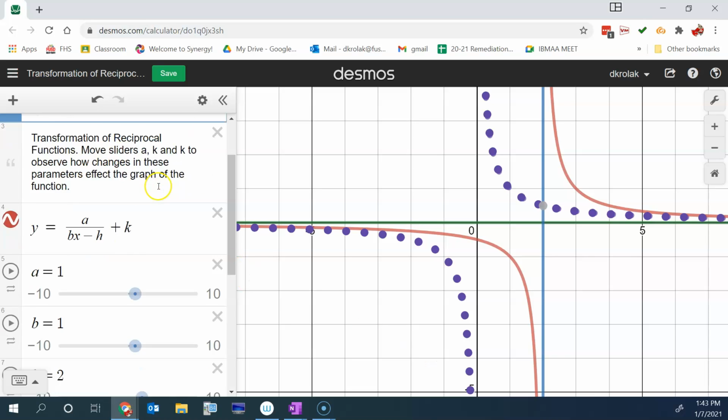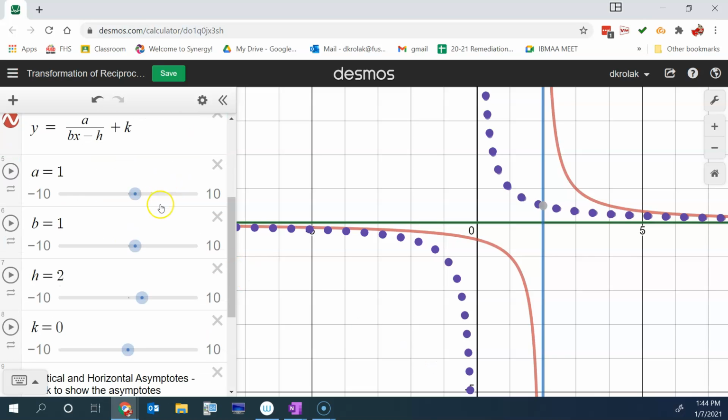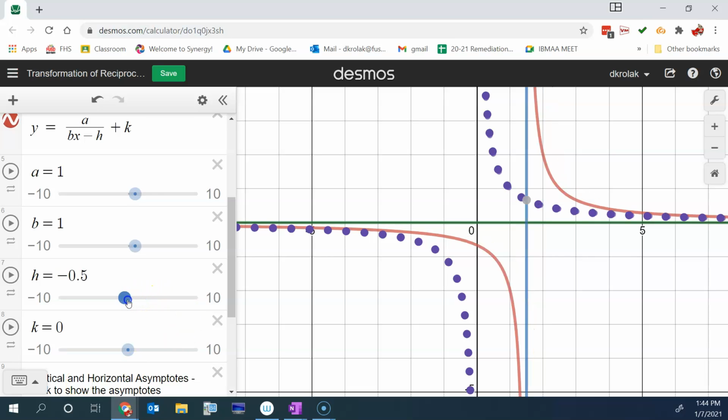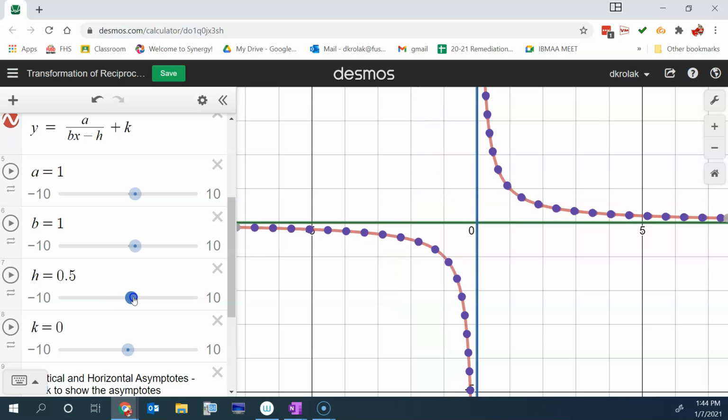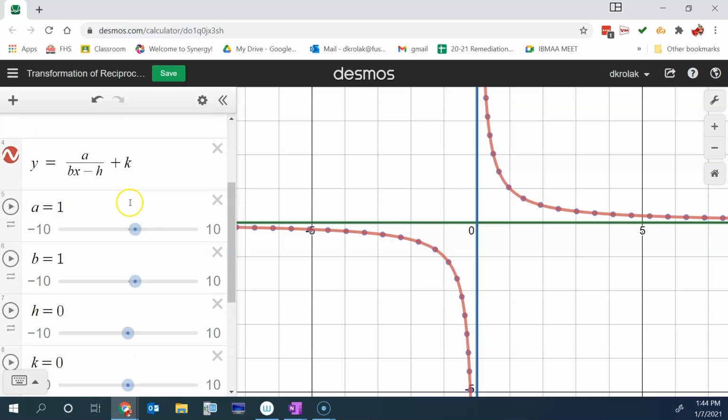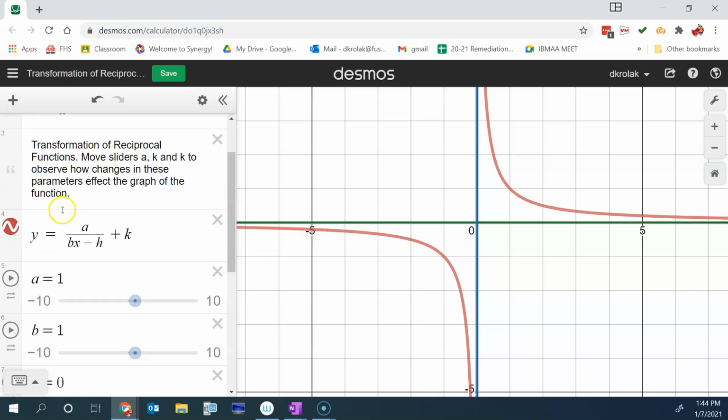It did shift to the right. So for it to shift to the, okay. Right, okay. Yep. I knew something was wrong. Okay, let's get rid of that.